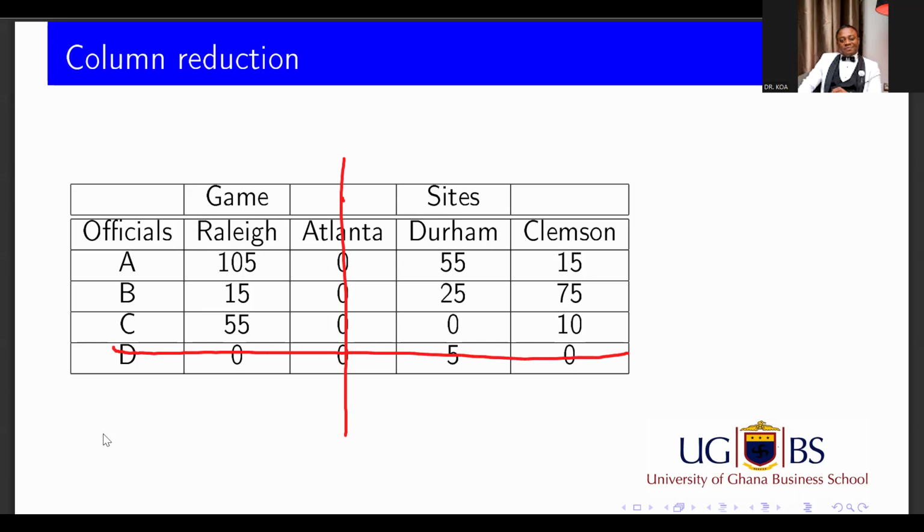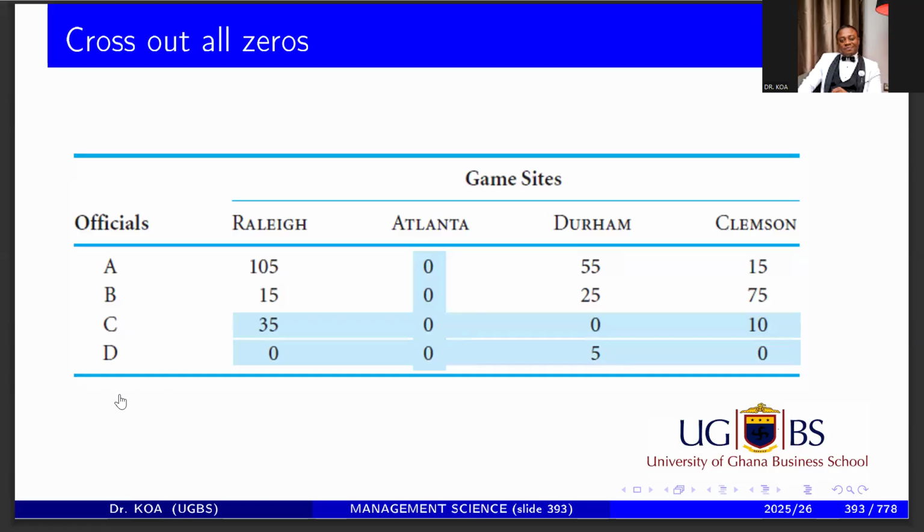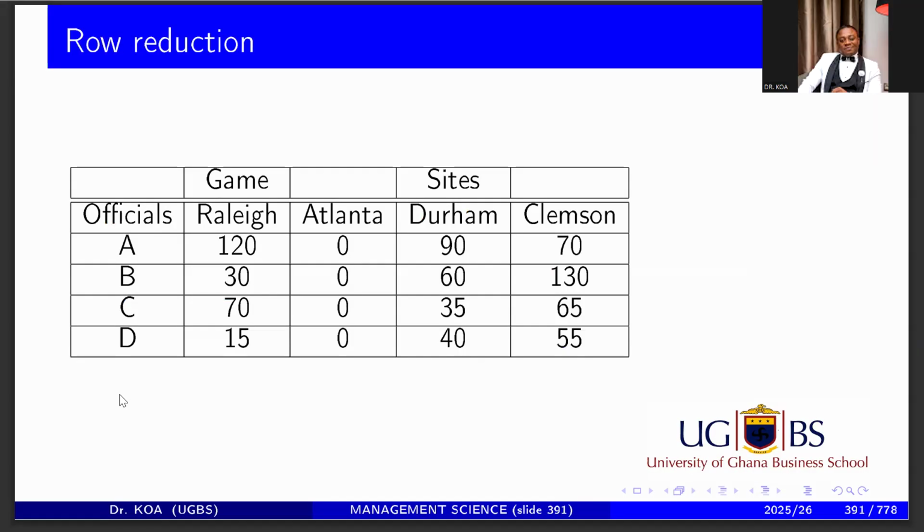Which one else? Row C also has zeros. So now you've crossed all of that. So now you can see that we have gotten this. Okay. Let's go to the next step.